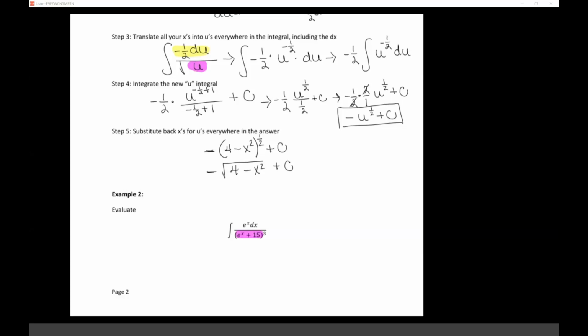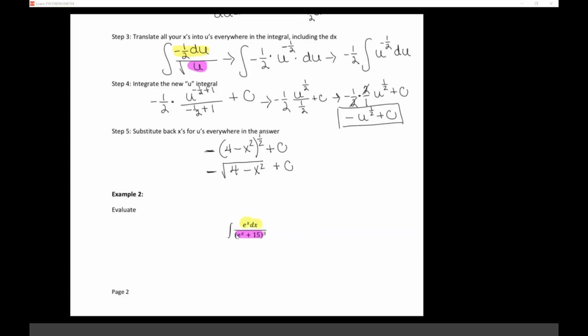You have to be familiar enough with derivatives to realize the derivative of this inside, e to the x plus 15, is just e to the x, because the derivative of e to the x is e to the x, and the derivative of 15 is 0. So you're looking at it saying, all I need to match up here then is this e to the x business, dx.